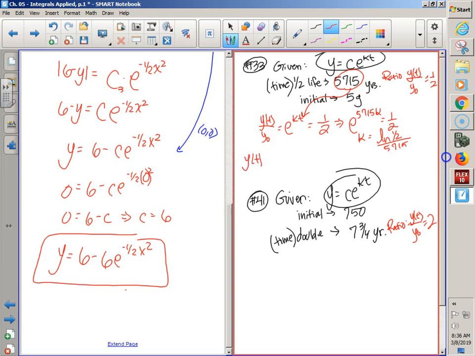My equation is y of t equals initial 5 grams times e to the, my constant, 1 over 5,715 ln of 1/2 times t. And if that's my equation for number 33, well then if it says after 1,000 years, don't we just plug in t as 1,000?